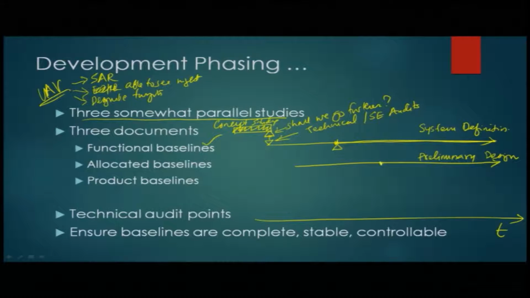Somewhere you will end up freezing the preliminary design, but there is a transition point: when the audit happens and the system definition gets frozen, you translate that into the preliminary design.